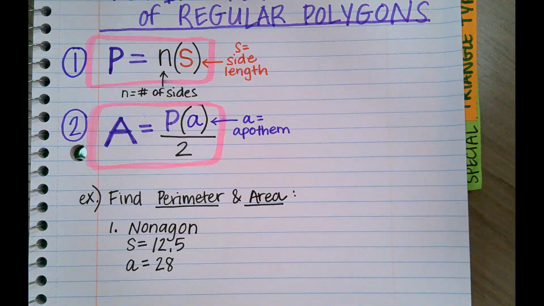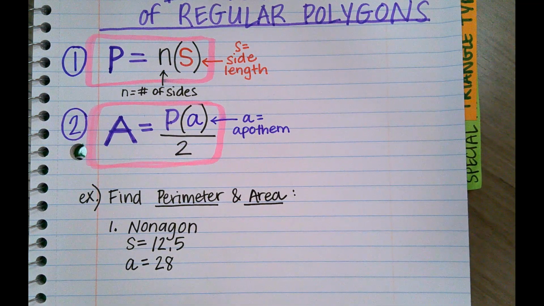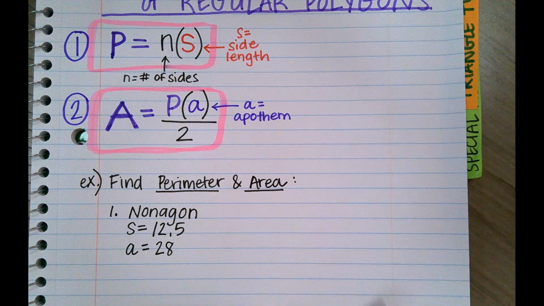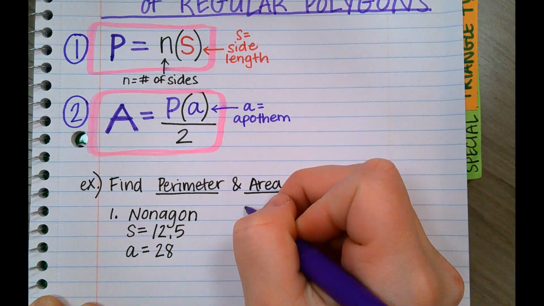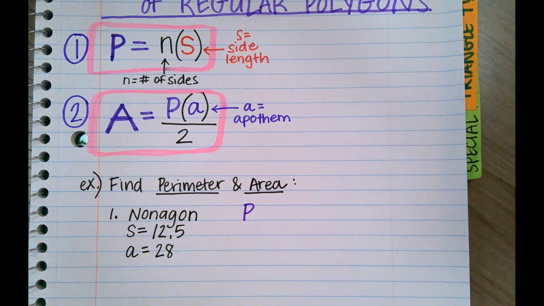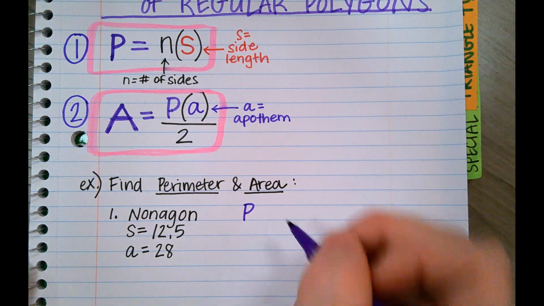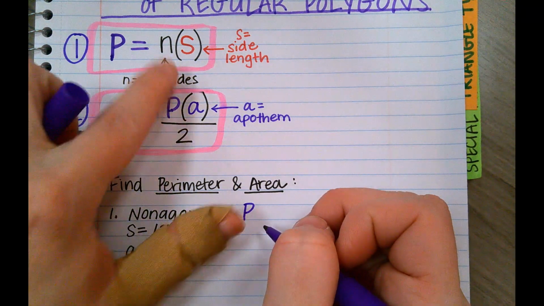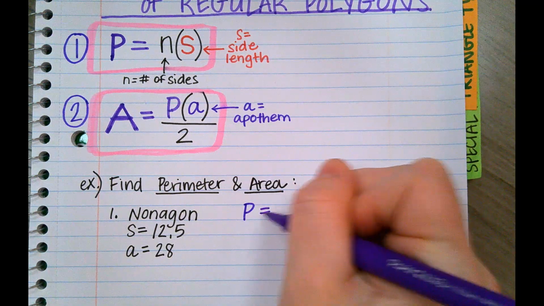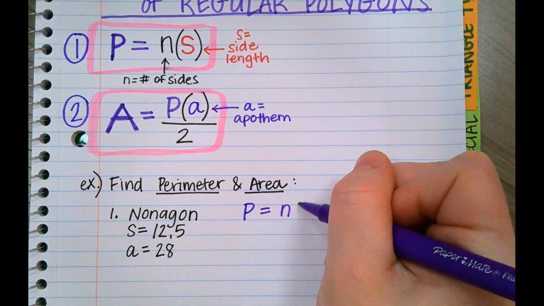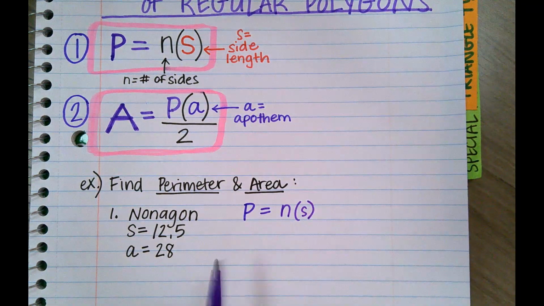You've got to do them in that order. So, for this example, let's find perimeter first. What is the perimeter formula? Number of sides times S. Yes, number of sides times side length, or n times s. So P equals n times s.